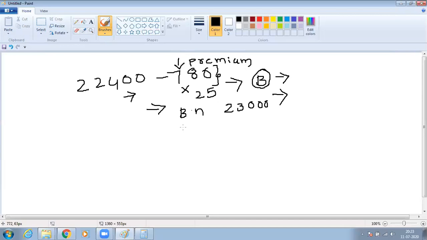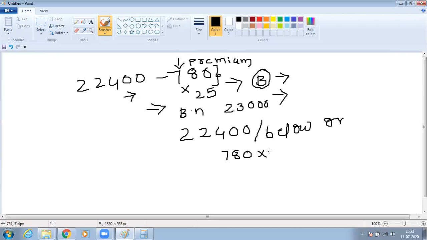Suppose if bank nifty is at 22,400 or below on expiry day, you are going to lose all this 780 into 25. This amount will be lost.